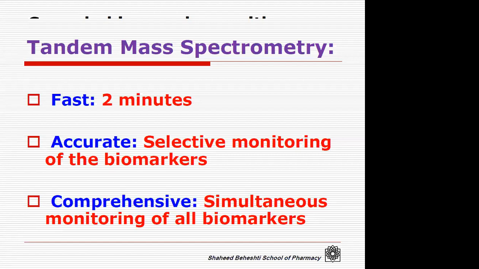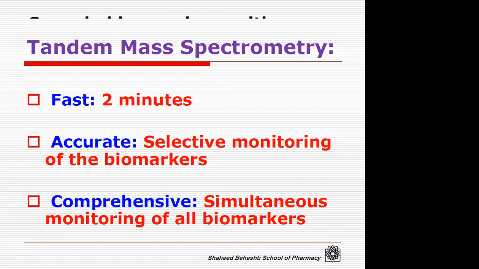But with tandem mass spectrometry in hand, we could have a test which takes only 2 minutes to run the samples and have all the samples analyzed and get a very decisive result. Mass spectrometry is very selective in monitoring the biomarkers, and I will explain it later. And having that accuracy, we could be sure that the diagnoses are accurate, and we will not have any problem with the misdiagnosis of the metabolic disorders.